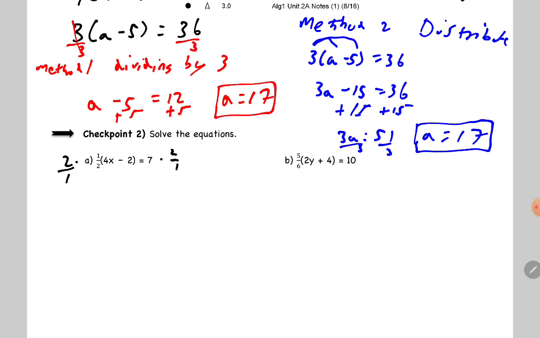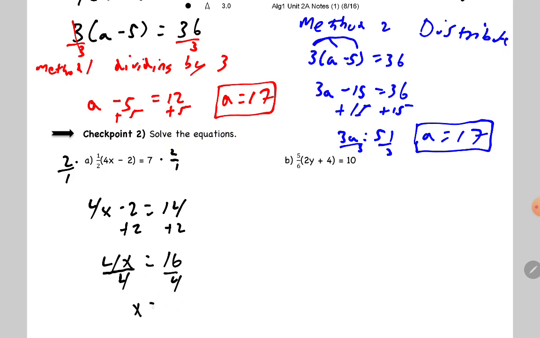So these will cancel, and I'm left with 4x minus 2 equals 14. Add 2 to both sides. Get 4x equals 16. So x, divide by 4, and get x equals 4.